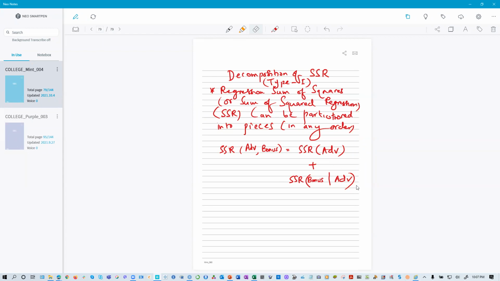I'm going to write here very clearly: the sum of squared regression of the bonus given advertising is the sum of squared regression you calculate with the aid of advertising and bonus both, minus the sum of squared regression with advertising only.